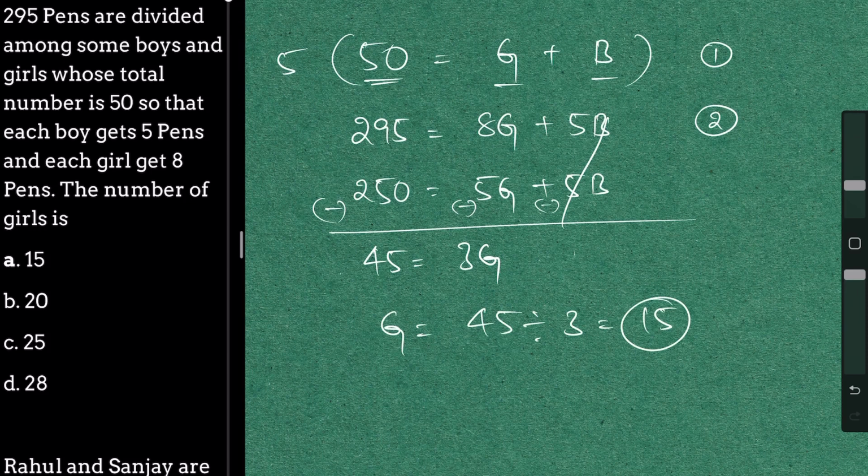So the number of girls in this class is 15, and boys would be the remaining, that is 50 equals 15 girls plus number of boys. So if you take out the B to the left hand side and 50 to the right hand side, you will end up with 35 as the number of boys. So that was easy. Based on simultaneous equation, we had to solve this question.